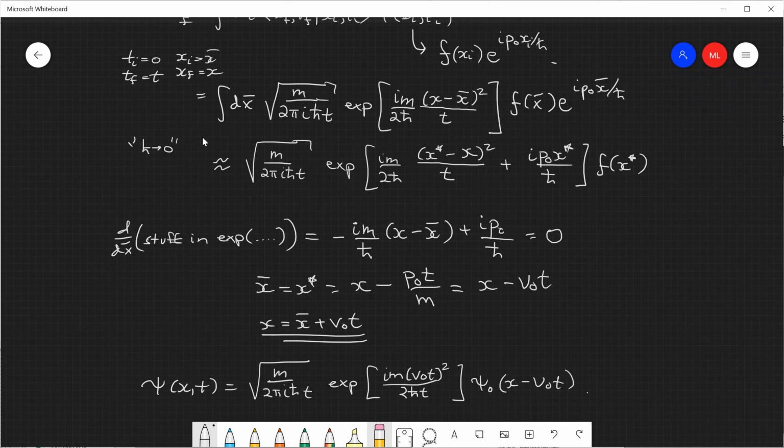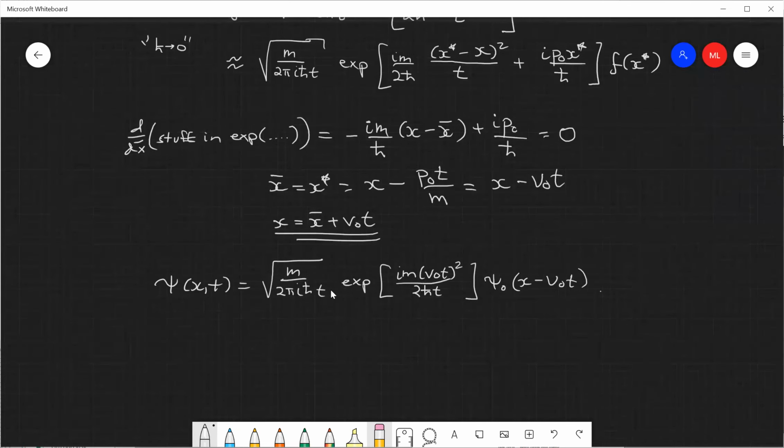If I were to do it properly, I would expand around the stationary point and then perform the integration. And that leftover integration you get after expanding to leading order around the stationary point would be a Gaussian integration. And that Gaussian integration will end up canceling the square root. So in the end, you would get a normalization.